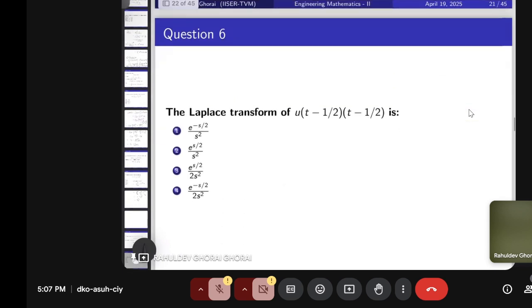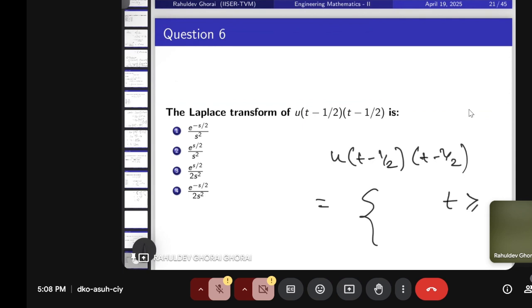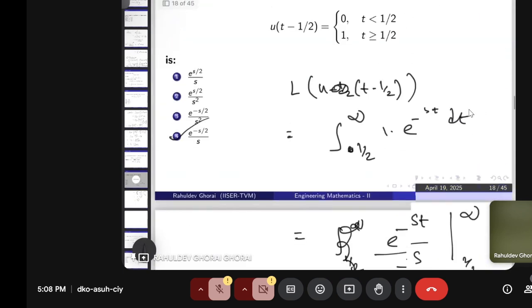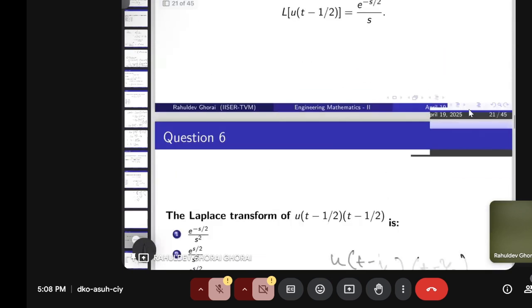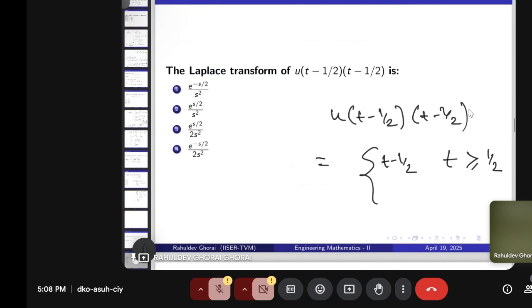Now we'll move to the sixth question: Laplace transform of u(t minus half) times t minus half, where u is defined like before. How to obtain this? So u(t minus half) times t minus half: if t is greater than or equal to half, u is 1, so 1 times t minus half gives t minus half, and it is 0 otherwise, so for t less than half it is 0.